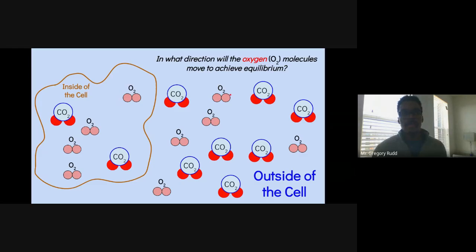Same thing with carbon dioxide. We're starting off in a region of higher concentration. There are 7 carbon dioxide molecules outside of the cell and only 2 on the inside. So we're going to move from an area of high concentration to an area of low concentration, high to low.